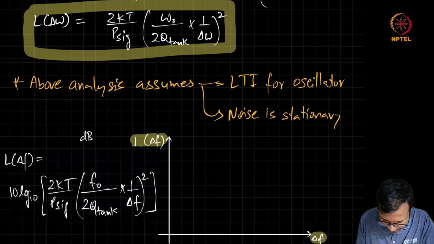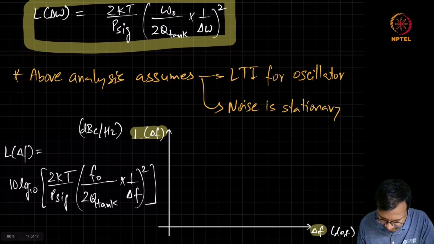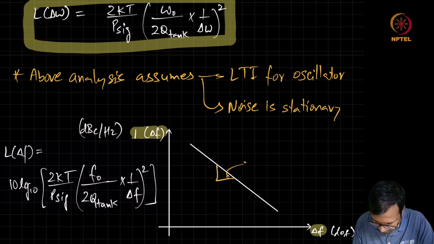We're plotting in dBc per hertz. So if we look at this relationship, then we can see that the phase noise is reducing with delta F, and in this log scale, its slope is going to be equal to -20 dB per decade.